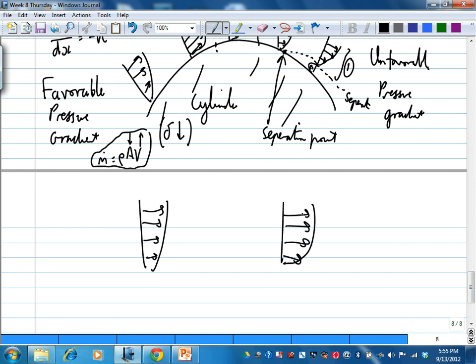So assume these two go through that process. Here you have a lot of very slow moving fluid, a very thick boundary layer. Here you have very fast moving fluid, a very thin boundary layer. Which one do you expect to separate first? Laminar or turbulent?